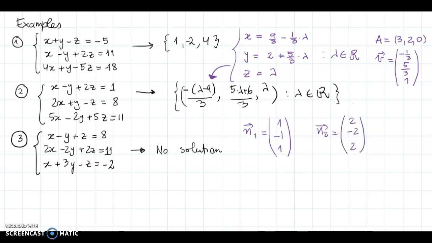And then the third one has a vector that is not parallel to these two. So we will be in the case where we have one plane, another one that is parallel but not the same. We can see that it's not the same because we don't have 2 times 8 for the right hand side of the second equation, and then we have a third plane that is cutting both of them, but we don't have a point of intersection between the three of them.